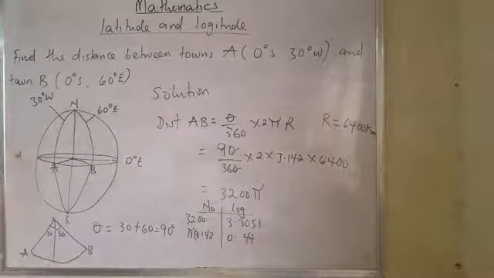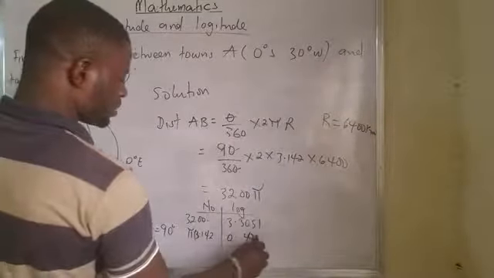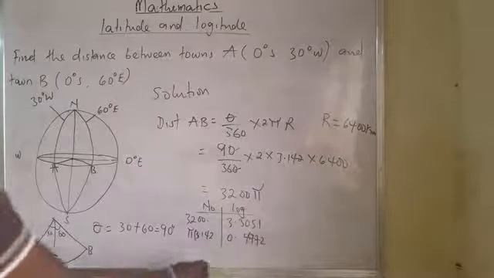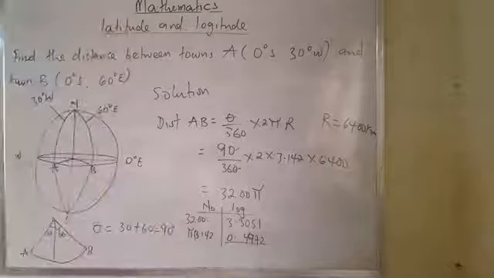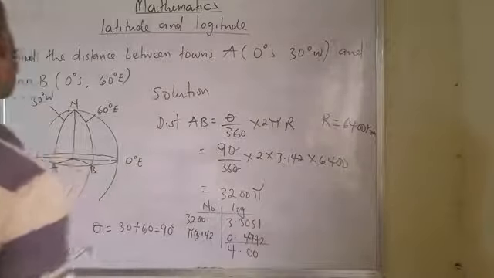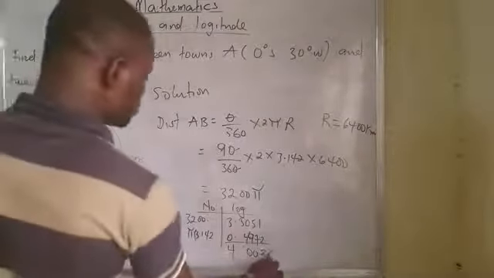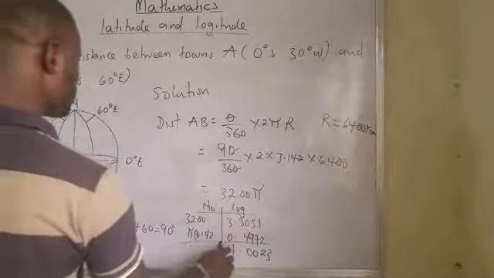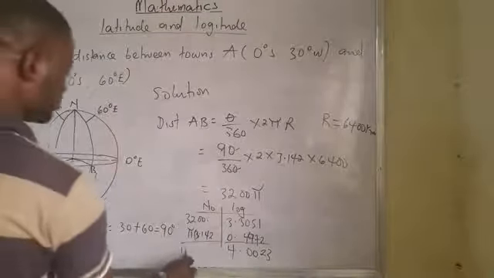When I add up together, I will have 4.00 and 20, which equals 10,051.